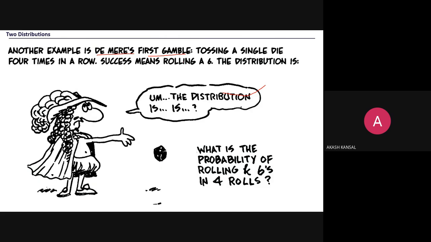You can refer to earlier sessions, videos or presentations, and try to think of the probability of rolling k sixes in four rolls. You can use the formulas; it will be easier that way.